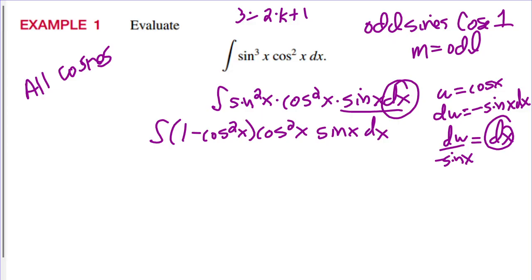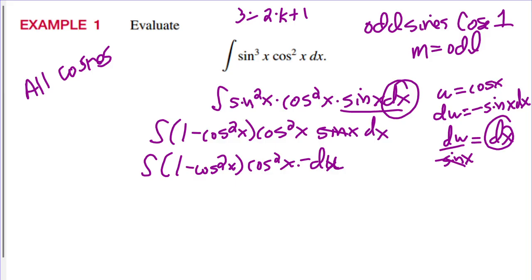So now we have the integral of 1 minus cosine squared of x times cosine squared of x, and we replace our dx with du over negative sine of x. Therefore, the sines will cancel, and we're left with a negative du. Whoops, not dx, we substituted in, so that's du, excuse me.